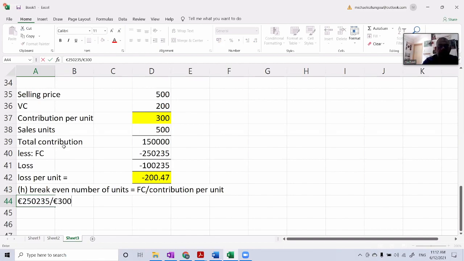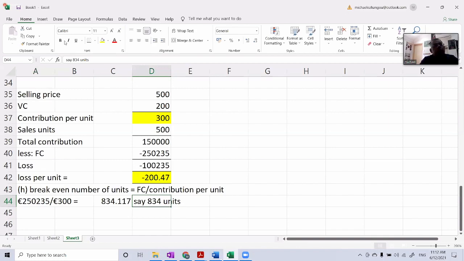Contribution per unit is 300. 250,235 divided by 300, say 834 units. It's a rounded up answer, yeah. Then I, right?